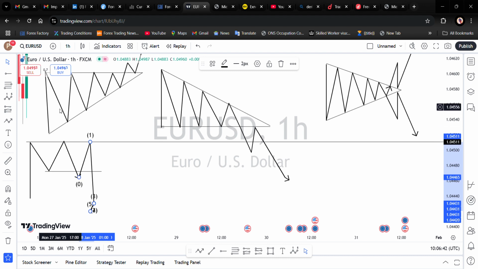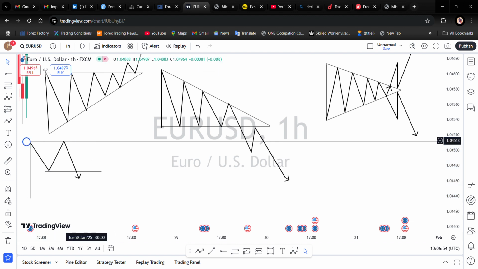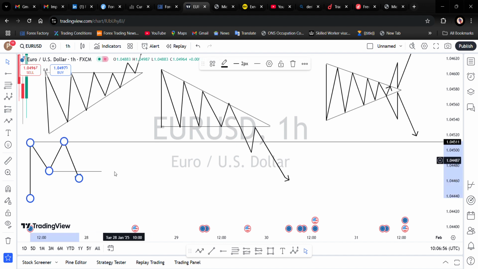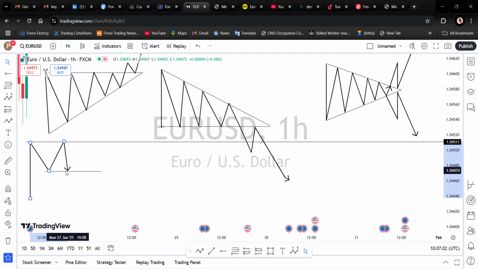Why? Because the head is not above the shoulder. If you're going to regard this as a head and shoulder, the head, the middle peak here, has to be above the shoulder. So this can be regarded as what? Triple top. But what we are treating is not a triple top, it's a double top. Price needs to pump back to the resistance, then break through the neckline, then create a double top.